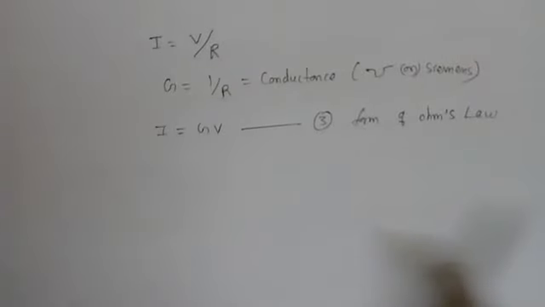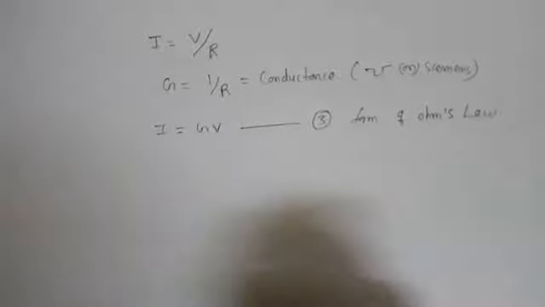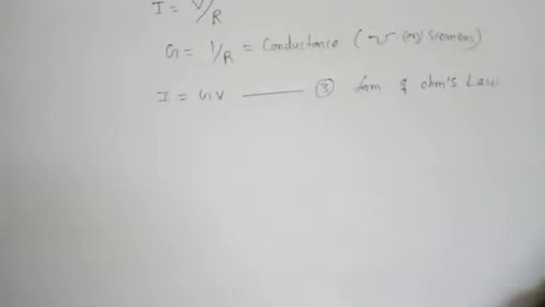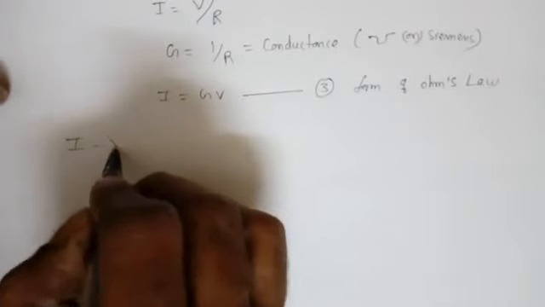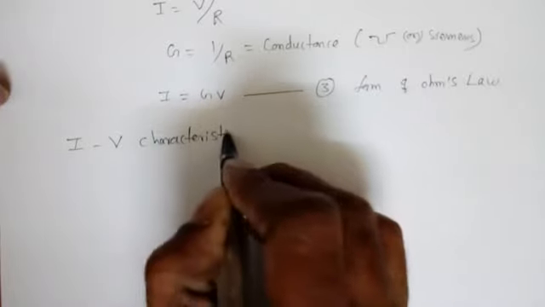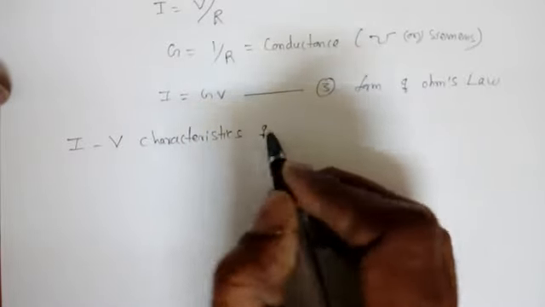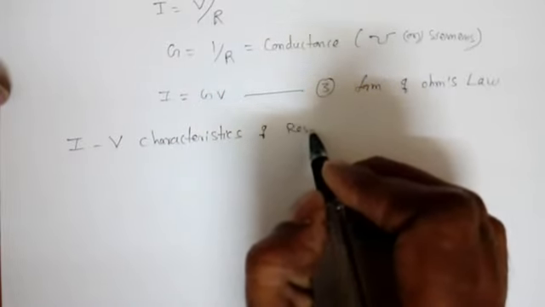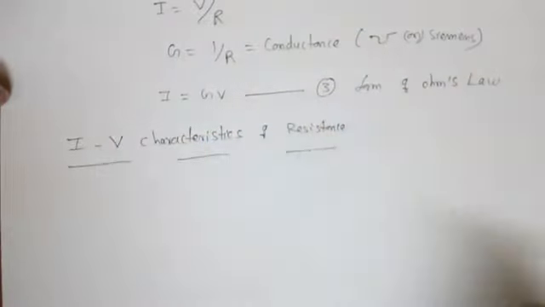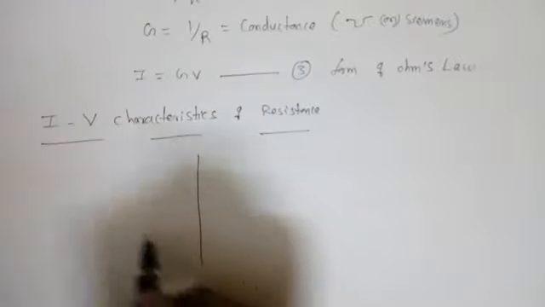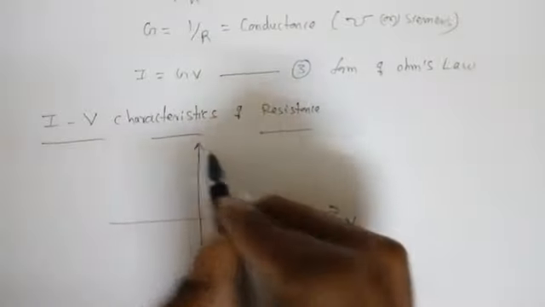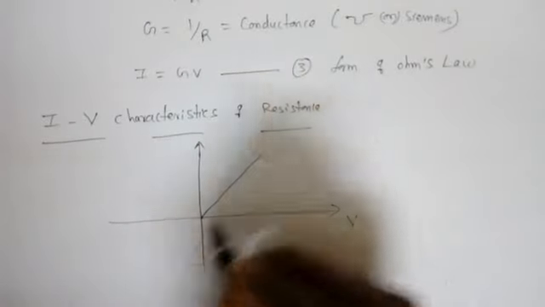Now next we will see the power and energy in the resistance, right? But before that, we will draw the IV characteristics of the resistance parameter. We know it is linearly dependent. So if V is varying, the current also will vary linearly, right?